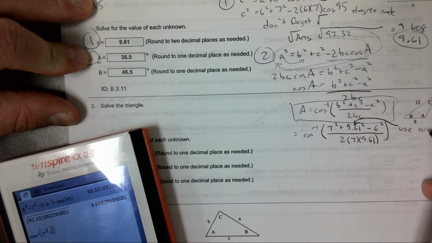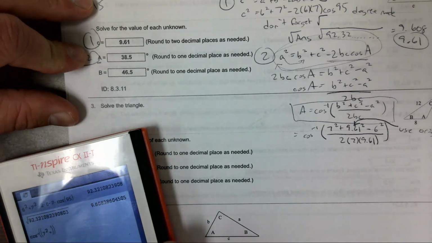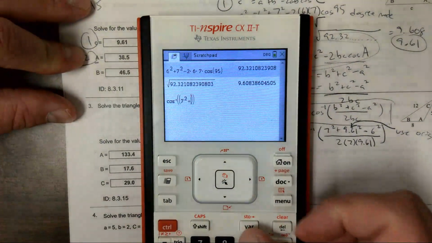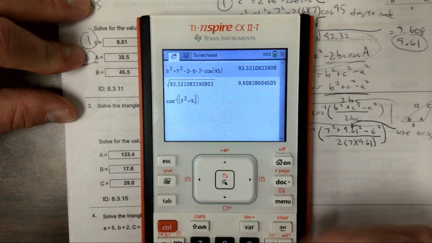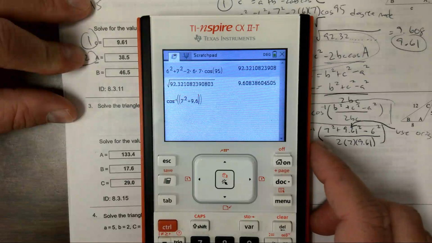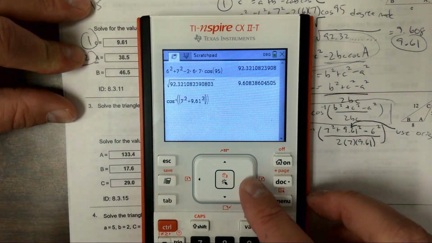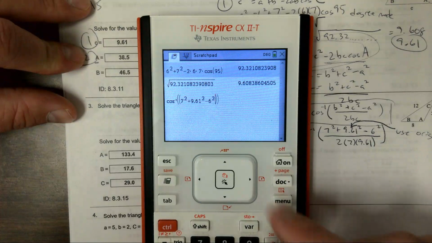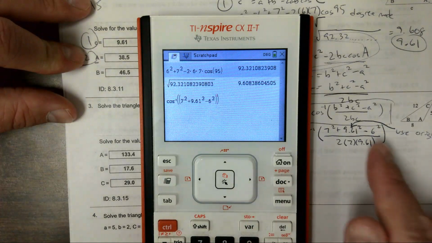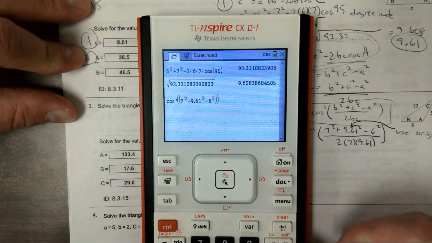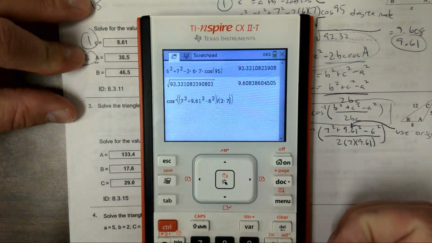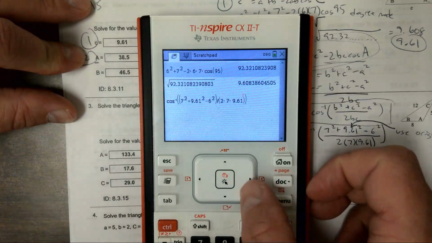Use the original. I'll go ahead and fall into this trap just to demonstrate it. But you'll see 9.61 squared minus 6 squared. That's your entire numerator. And then your denominator needs to be 2 times 7 times 9.61.